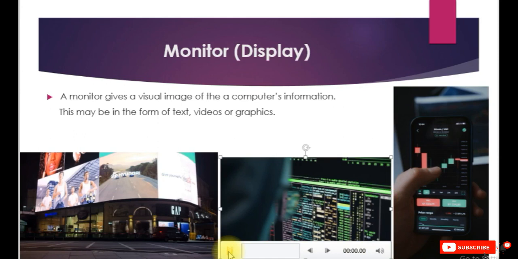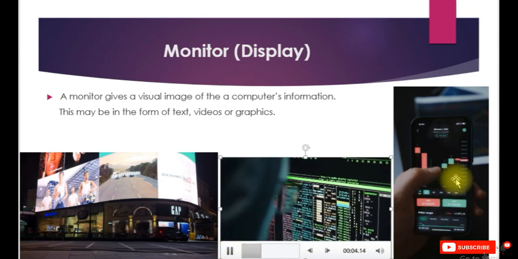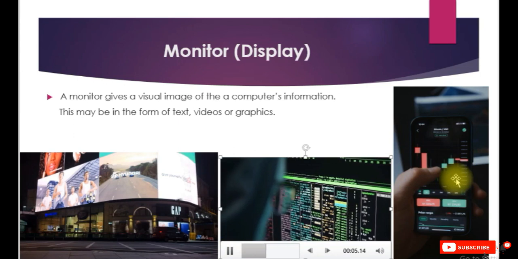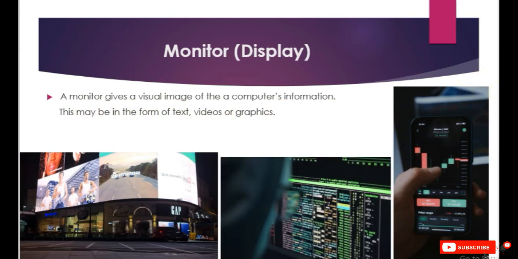Or it may be the screen of a handheld device, such as a tablet or smartphone. It may also be an electronic display, which is normally installed in a public area. Alright, so those are examples of displays. And of course, the display enables us to see the output in different forms, so in a text form, video, or graphics form.